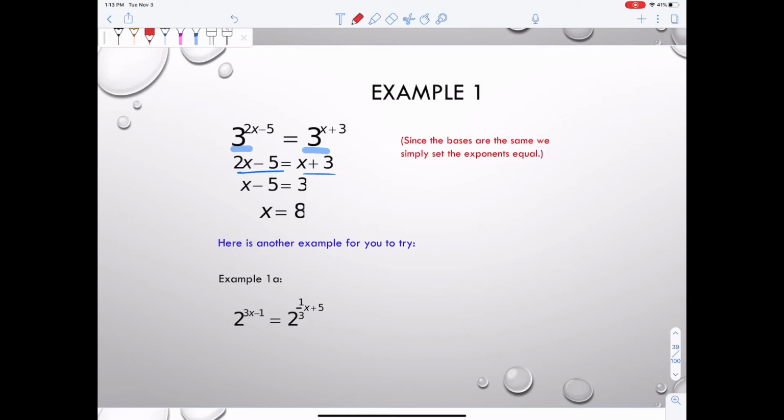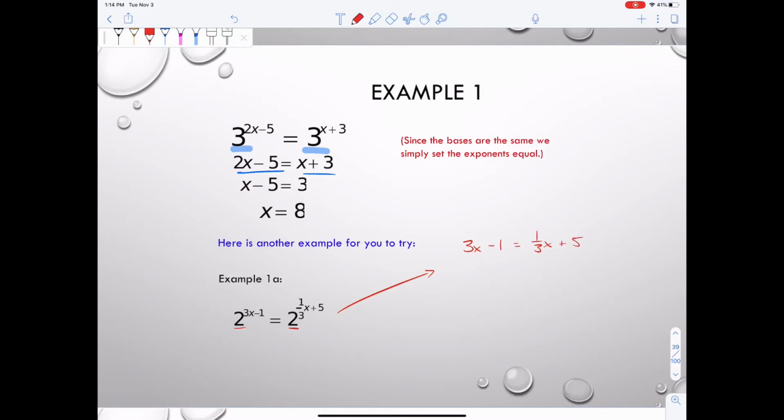For the second example, I have 2 to the 3x minus 1 equals 2 to the 1/3 x plus 5. Again, these exponential bases match, and there's nothing else happening to the exponential: nothing added, subtracted, multiplied, or divided. So I can set these exponents equal to one another: 3x minus 1 equals 1/3 x plus 5.